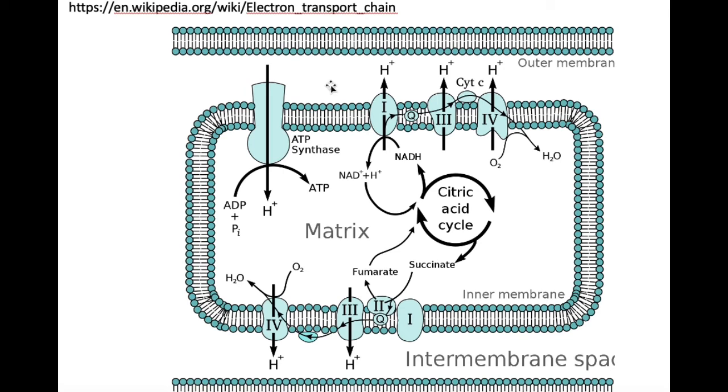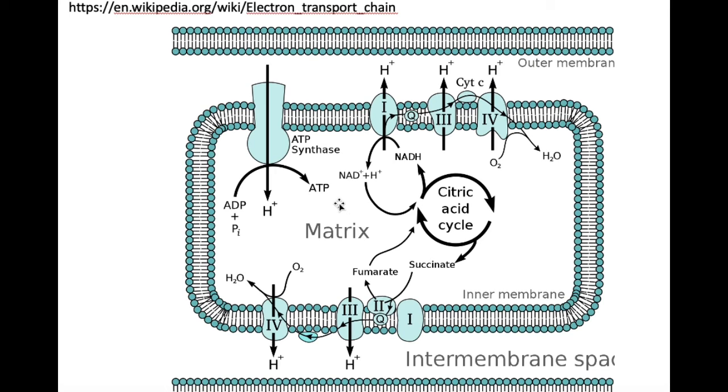Electro, in a sense that there's a difference in charge because you have plus charges that have accumulated in the inner membrane space, as opposed to the matrix, and chemical in the sense that there's a lower pH here because protons are acidic, and that gradient now is going to allow for these protons to flow through ATP synthase to cause it to spin and attach a phosphate to ADP to cause a production of ATP.